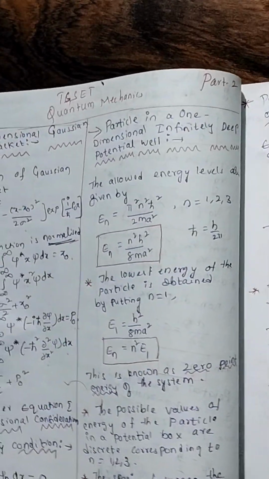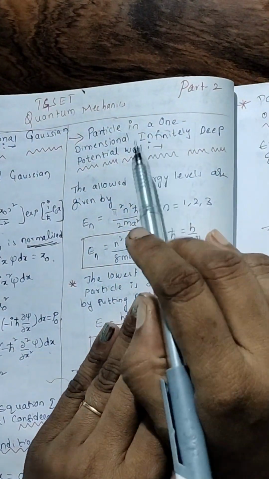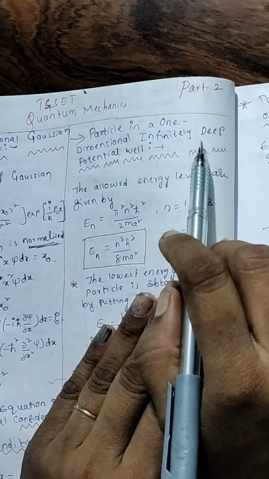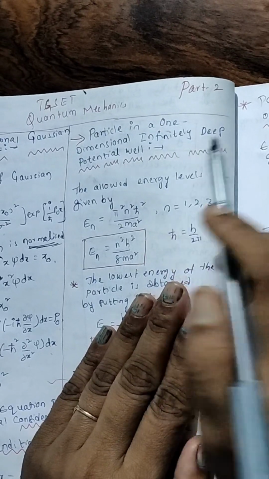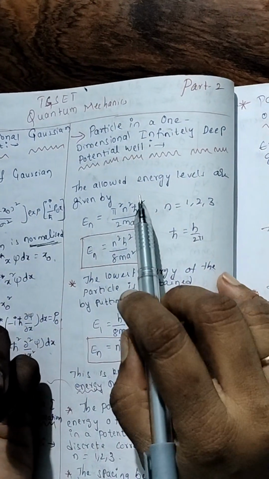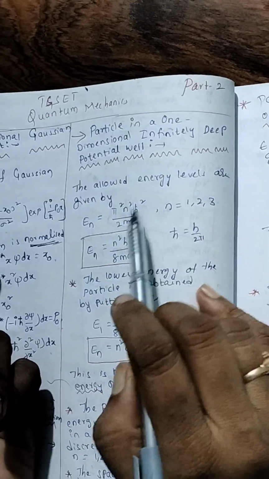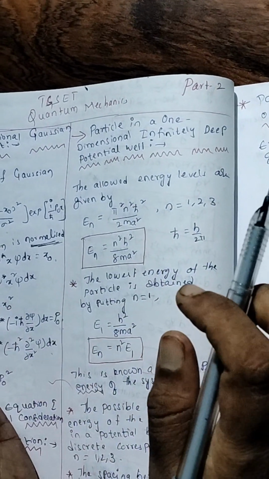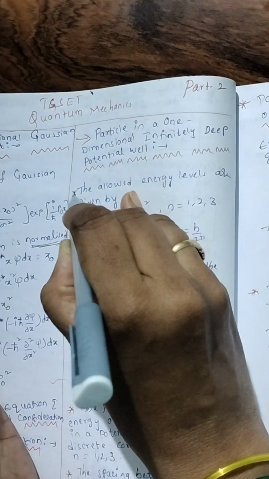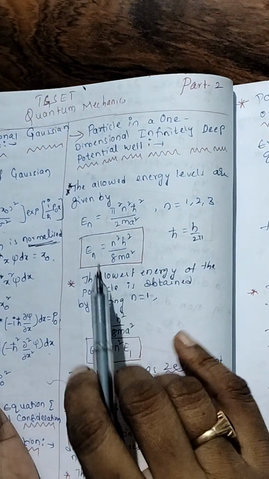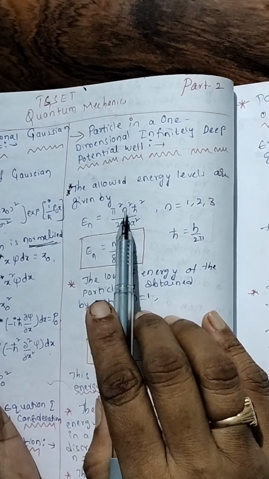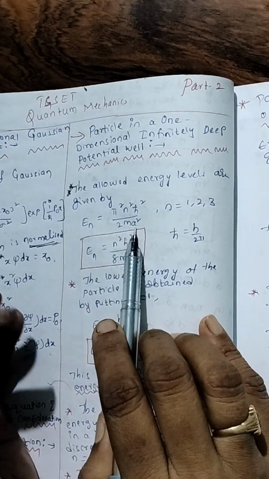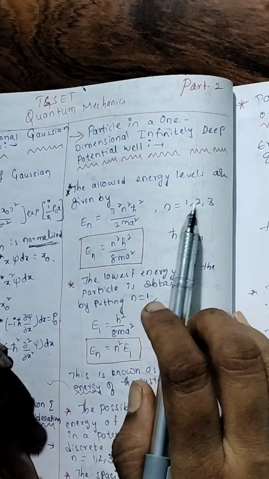Now next, let us move to the particle in a one-dimensional infinitely deep potential well. The direct formula we are writing: the allowed energy levels are given as follows. You have to remember the formula at any cost. It is the most important formula which he asks in the exam. En equal to pi square n square h cut square by 2 m a square, where n is an integer 1, 2, 3.